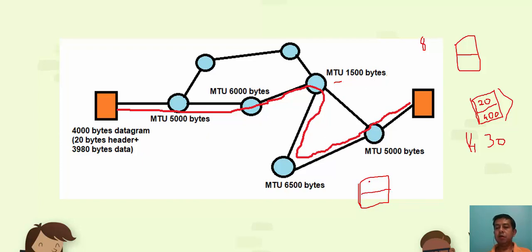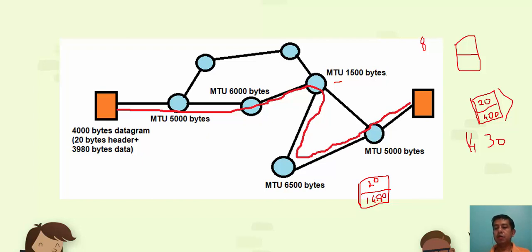The header size is 20 bytes. Remember, this header would be there in every fragment because every fragment is also an individual IPv4 packet. So every fragment will have a header of 20 bytes. How many bytes of information can I insert in the data part? I can insert 1480 bytes.